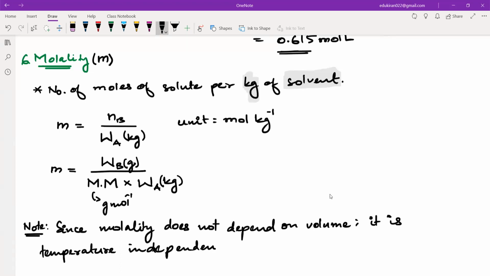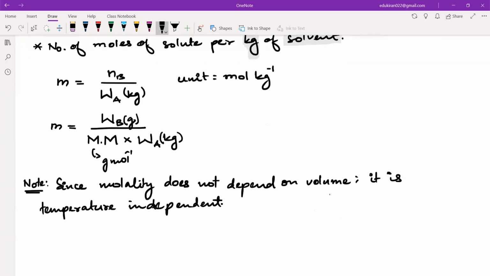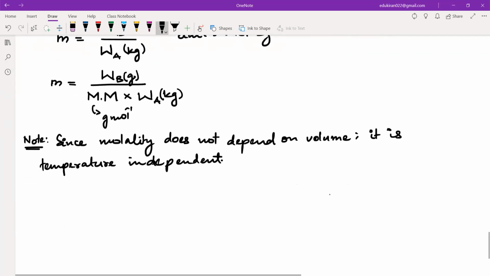Now some terms that you have to remember; everything is the same, so I will not write all the terms here.